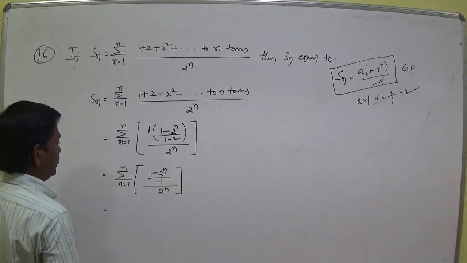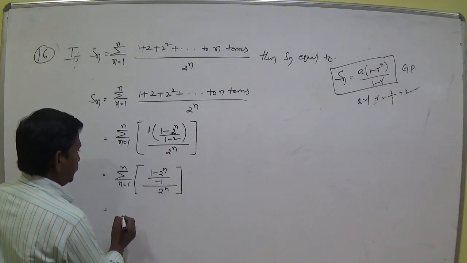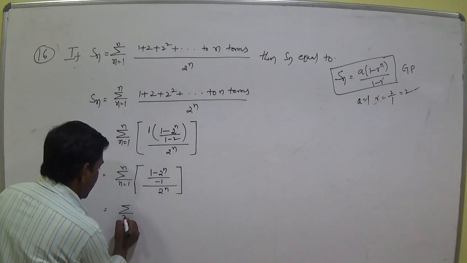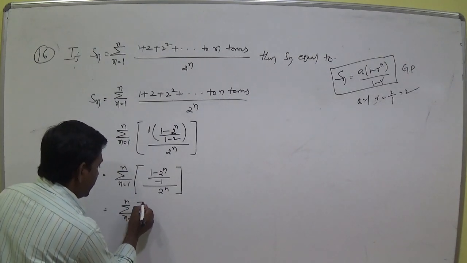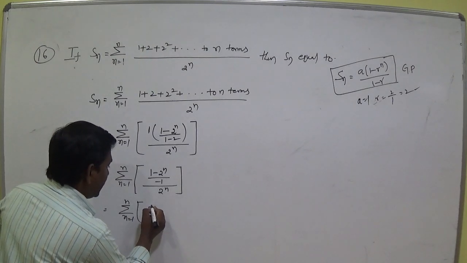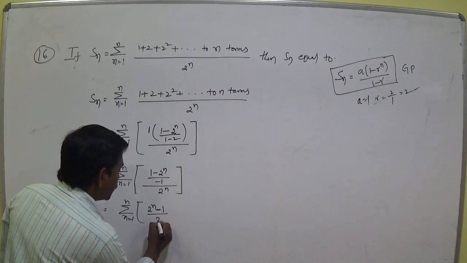Sigma n equal to 1 to n, this is changed as 2 power n minus 1 by 2 power n.